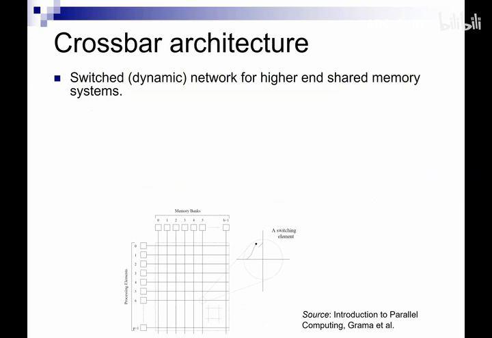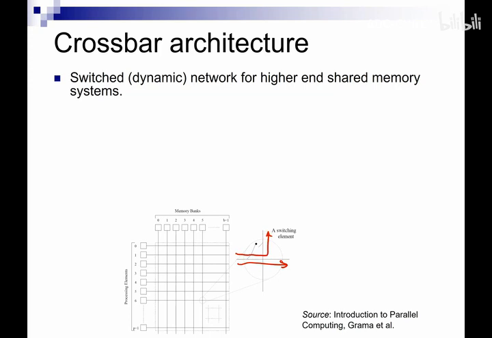Next, you can build a crossbar architecture. This is built using switches, and it is more of a high-end shared memory architecture. Here we have a bunch of these crossbars. Each crossbar allows communication either in the horizontal direction, or, if the switch is set, the data can flow vertically.